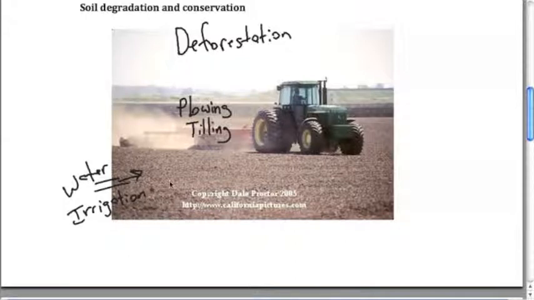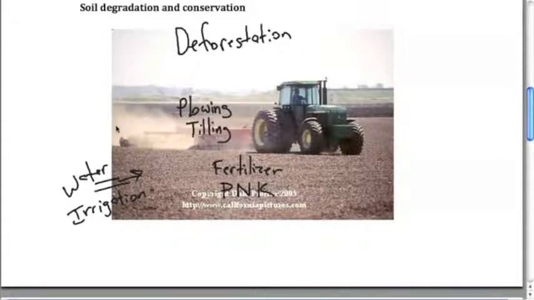And also they will a lot of times add fertilizer to the soil, specifically things like phosphorus, nitrogen, and potassium. Now, if we look at this, a lot of these processes are necessary in order to get our food supply, but they do lead to a huge potential for a lot of soil degradation.